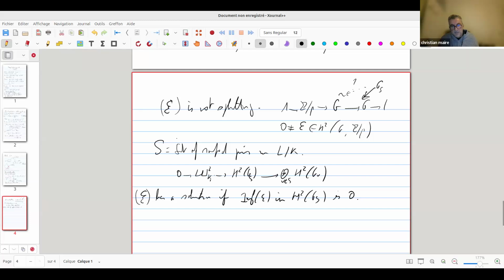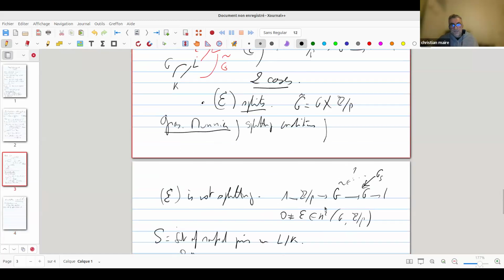We see quickly the interest of this sequence here, because if we start with S such that this guy is trivial, you obtain that your epsilon is living here, the inflation of epsilon is here, and to be sure that it's 0, it's sufficient to see that locally it is 0. Locally 0 means that there is no obstruction locally. This is the next step in the proof.